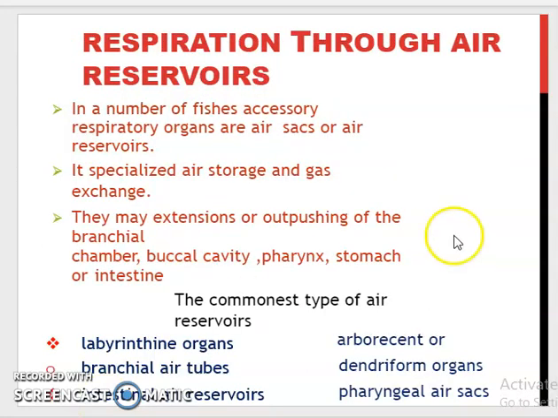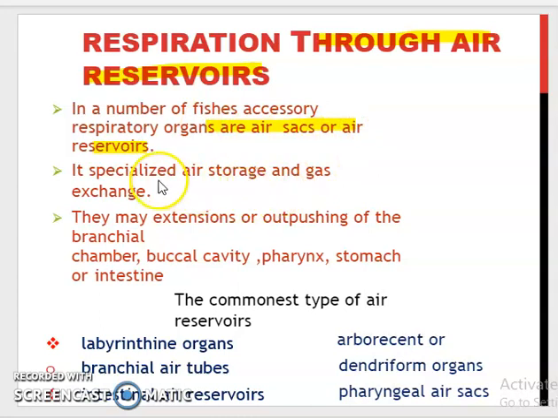The next modification of the accessory respiratory organ is the air reservoirs, or air sacs. In a number of fishes, the accessory respiratory organs are air sacs or air reservoirs present in the opercular region.